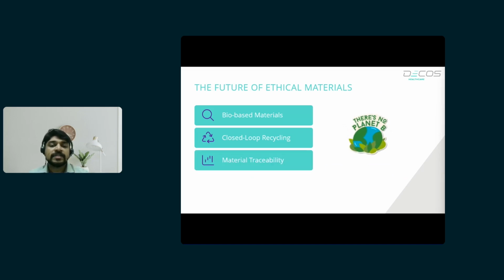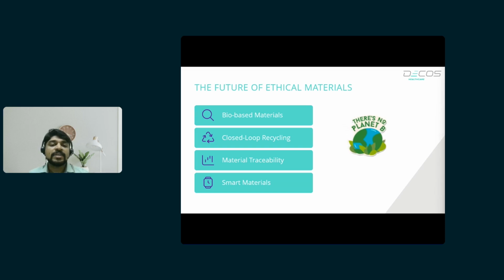The third is transparency through material traceability. Blockchain technology, RFID tags, and other digital tools provide unprecedented transparency into the material supply chain. This allows consumers and businesses to track the origin and composition of the material, ensuring ethical sourcing and responsible manufacturing.